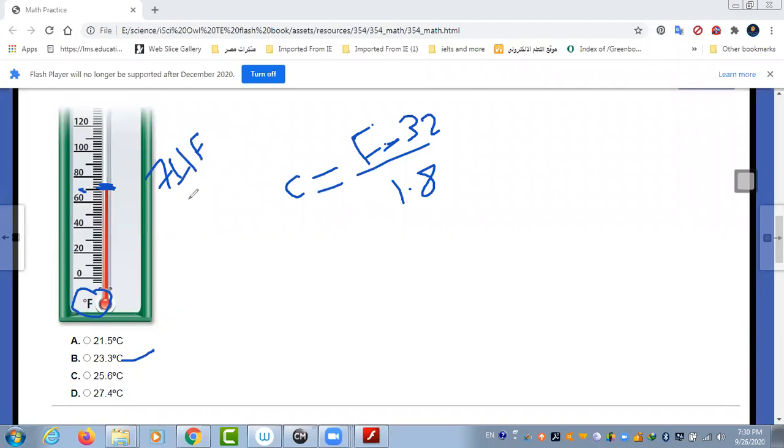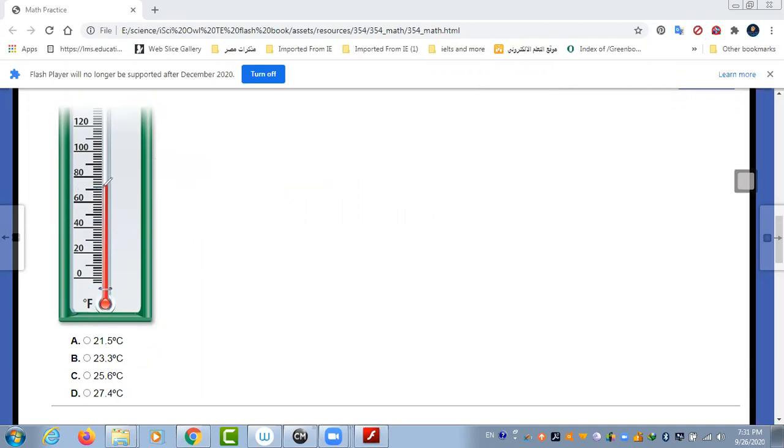Sorry, 76? Because how many dashes do we have? Let's go back. How many dashes? 1, 2. Okay, 74, as we said, because we have 2 lines on.